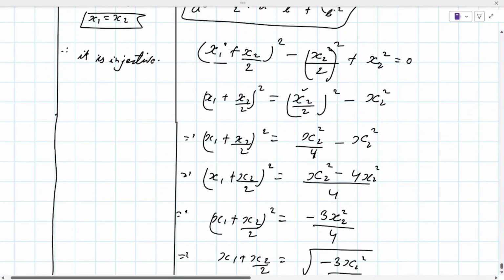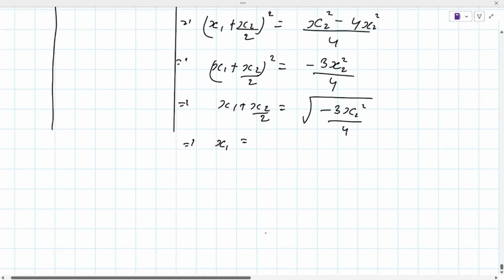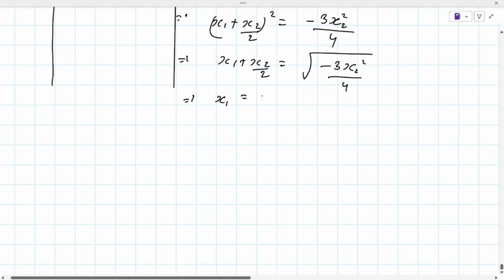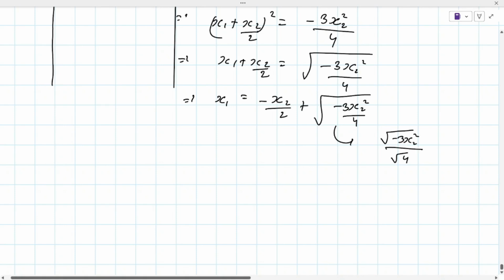That is the b, x2 by 2. So it will be x1 equal to minus x2 by 2 plus root under minus 3x2 square by 4, right? And this one can be written as root under minus 3x2 square by root under 4, right?